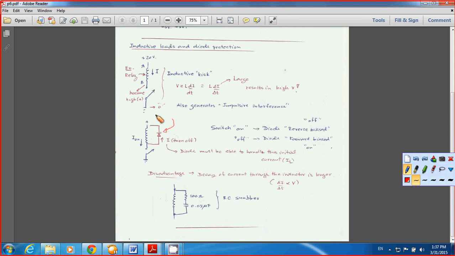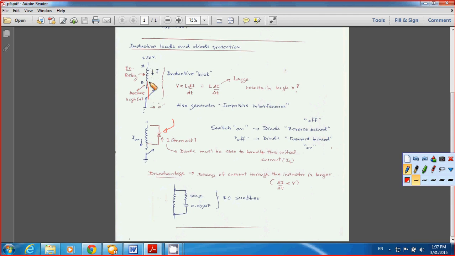Okay, what does this mean, inductive load? When you're talking about the inductor, you have the equation for an inductor: the voltage equals L multiplied by di/dt, the change of the current with respect to time. At the start, when you have the closed circuit here, you have current flowing through the circuit, passing through the inductor.